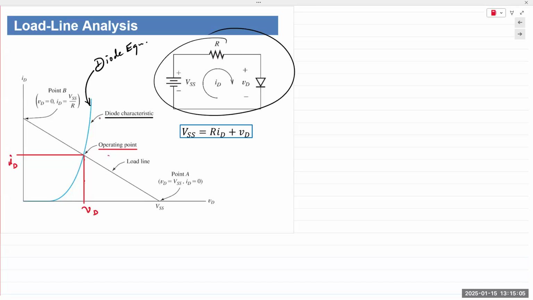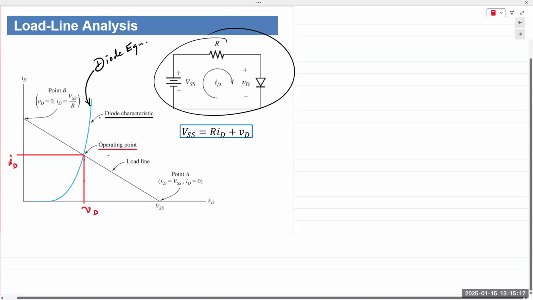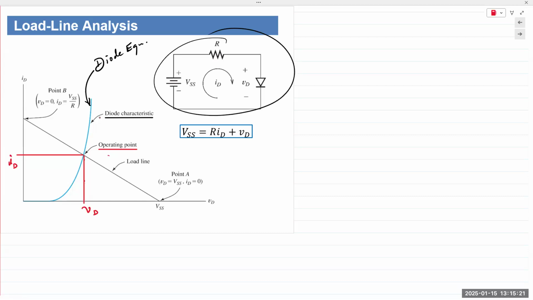So the operating point of a diode, or any device for that matter, is the constraint that is placed on the device by the external circuit. And that operating point could move up and down anywhere on the characteristic.